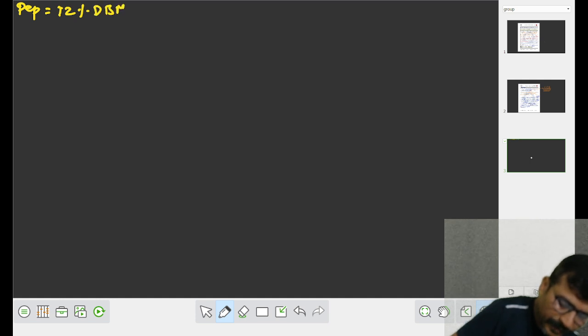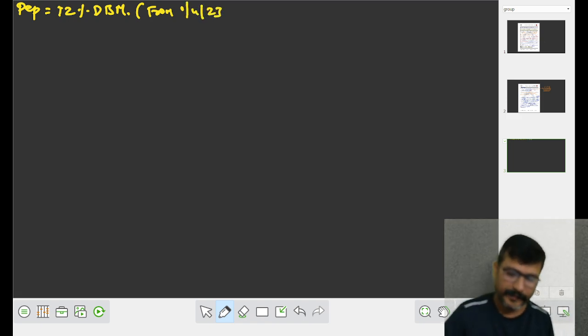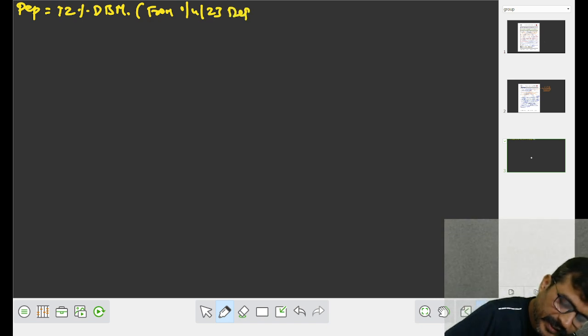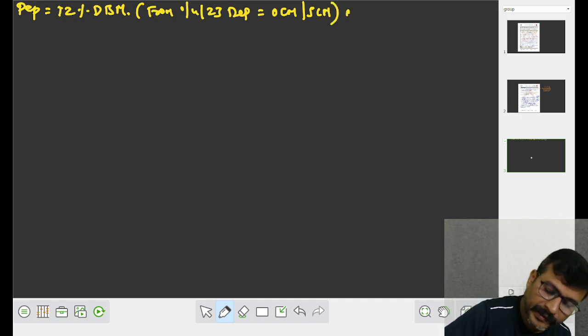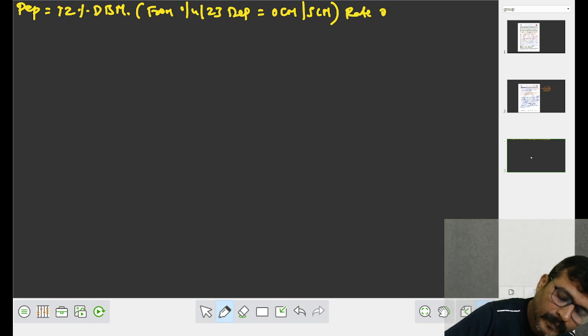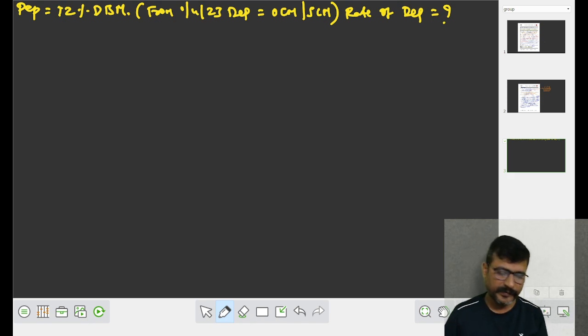12% diminishing balance method. बाद में from 1st April 23, depreciation is OCM or straight line method. But here rate of depreciation is not given. Fine.